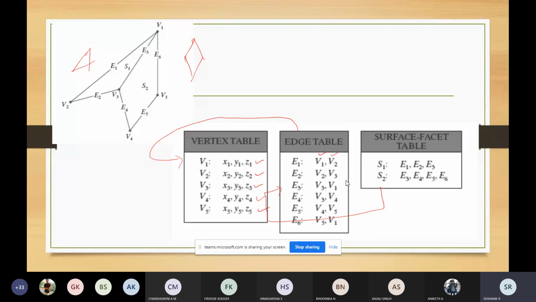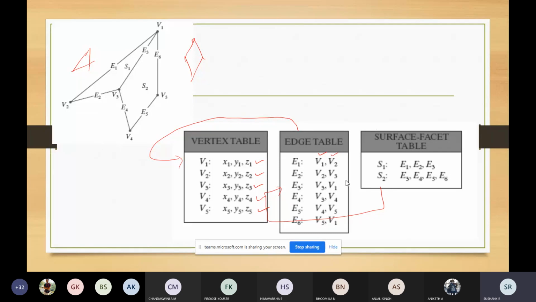For each edge, what are the vertices? Similarly, the surface facet table will contain a pointer back to the edge table, which will identify what are the edges for the surfaces. For example, the surface S1 is formed by the edges E1, E2, E3. So this is how it is represented.